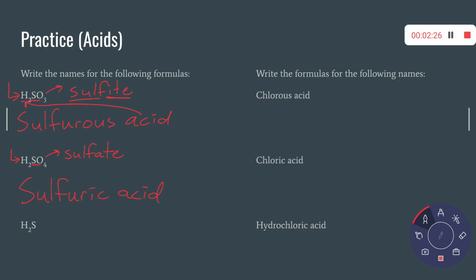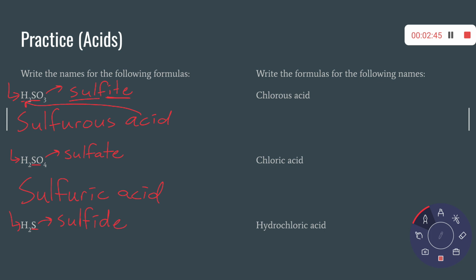Then the last one. We still know it's an acid because of that H out front. But I only have 2 elements, so I shouldn't be thinking polyatomic ion. So this S really just comes from sulfur. But remember, we give it that IDE ending. So this is sulfide.